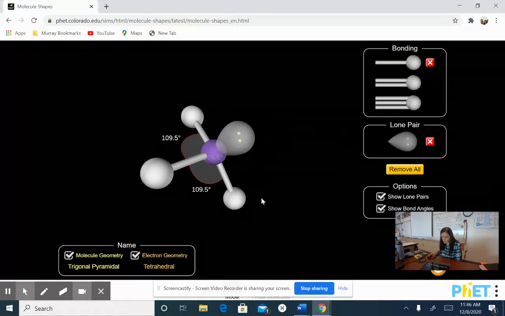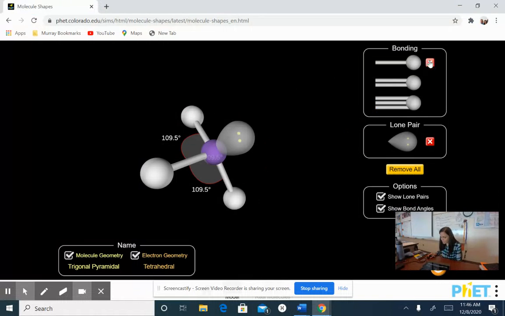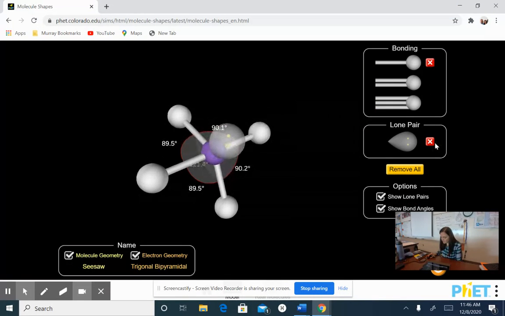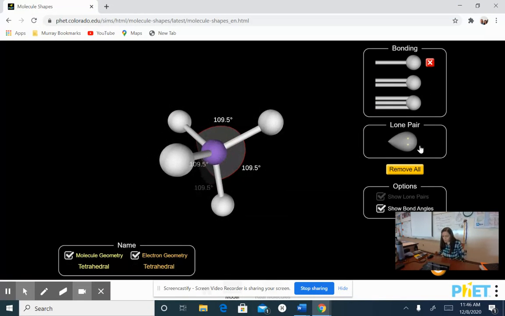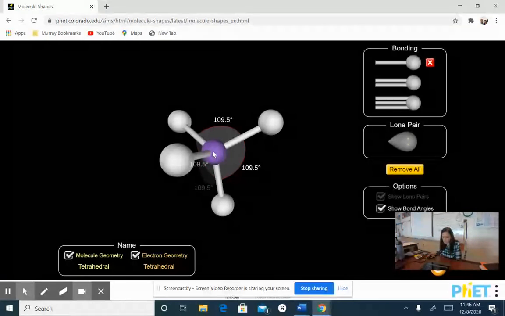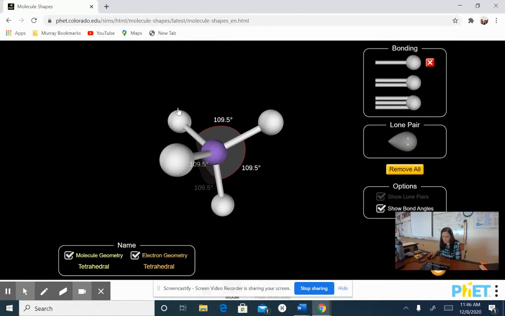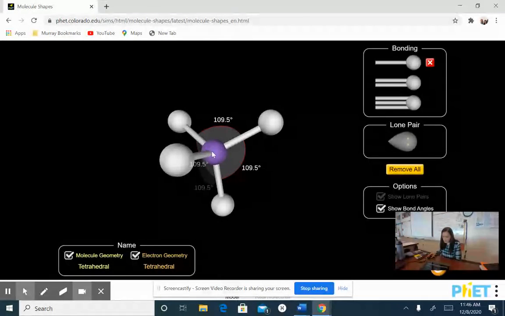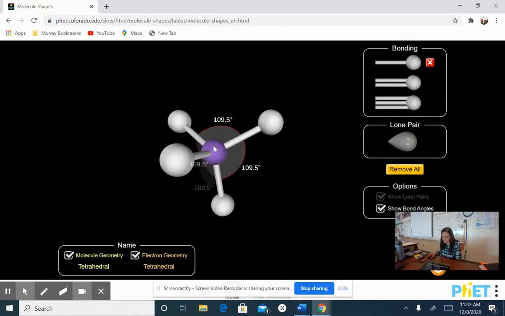So if I look at this on the PhET, I have 4 bonding areas and no lone pairs. We're going to pretend that these 3 over to the left are all chlorines. So the electrons are going towards this chlorine, this chlorine, and this chlorine. And this one's the hydrogen. Electrons are going down towards the carbon here in the middle.